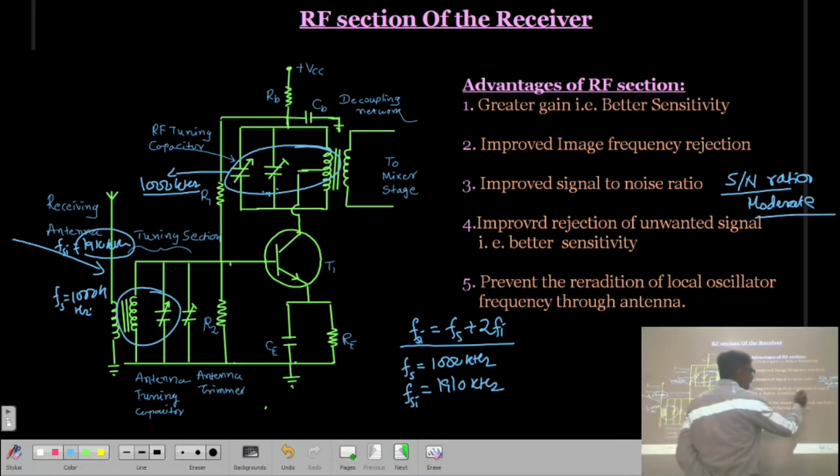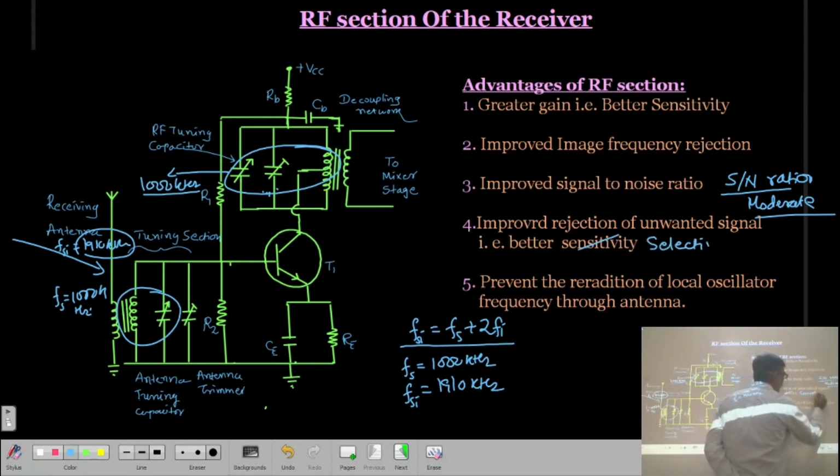Then the improved rejection of unwanted signal. That is not sensitivity, but it is selectivity. Remember. Okay?